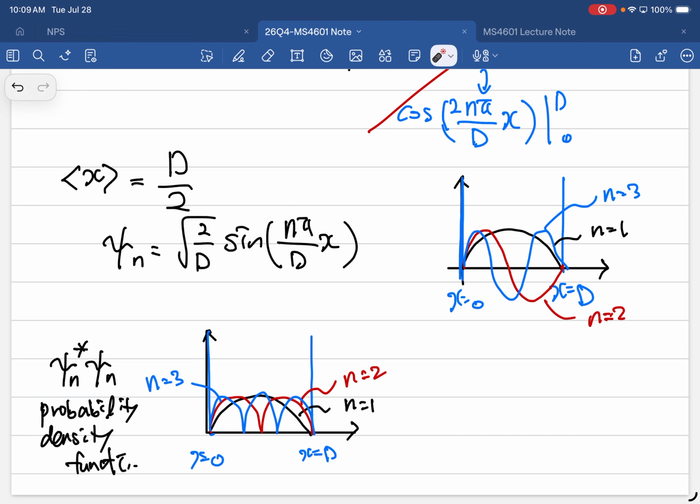So just by looking at this probability distribution, what would you expect for the standard deviation as n changes? As n increases, what would you expect for the standard deviation of position?